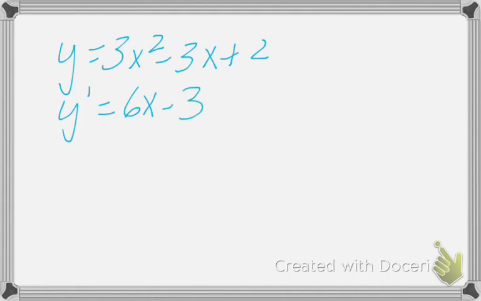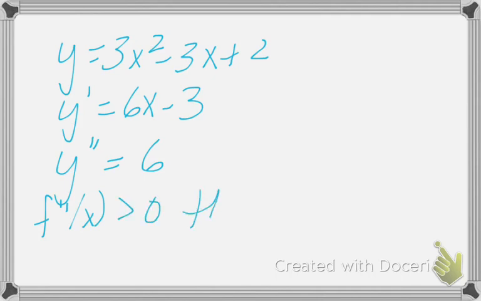Okay, so here's your new way. You find the second derivative. So the second derivative would just be 6. Okay, and there's a rule that says if the second derivative is greater than 0, and that's the case here because 6 is bigger than 0, then there's a min.